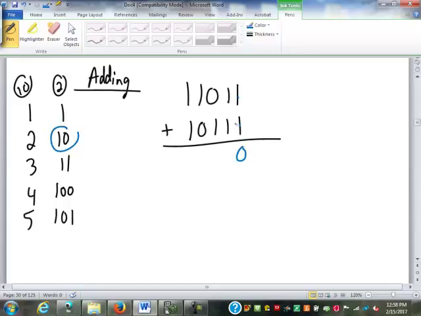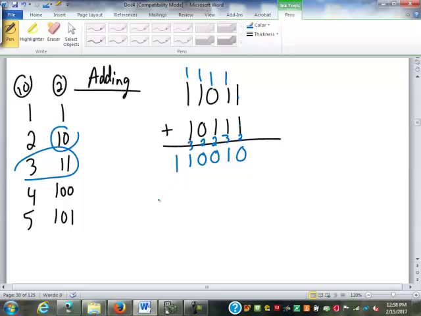So I'm going to keep the 0 and carry the 1. 1 plus 1 plus 1 is 3. Remember, 3 is 1, 1. So I'm going to keep the 1 and carry the 1. 1 and 1 is 2, which is 0, carry the 1. 1 plus 1 is 2, so 0, carry the 1. 1, 1, 1 is 3, so 1, carry the 1.